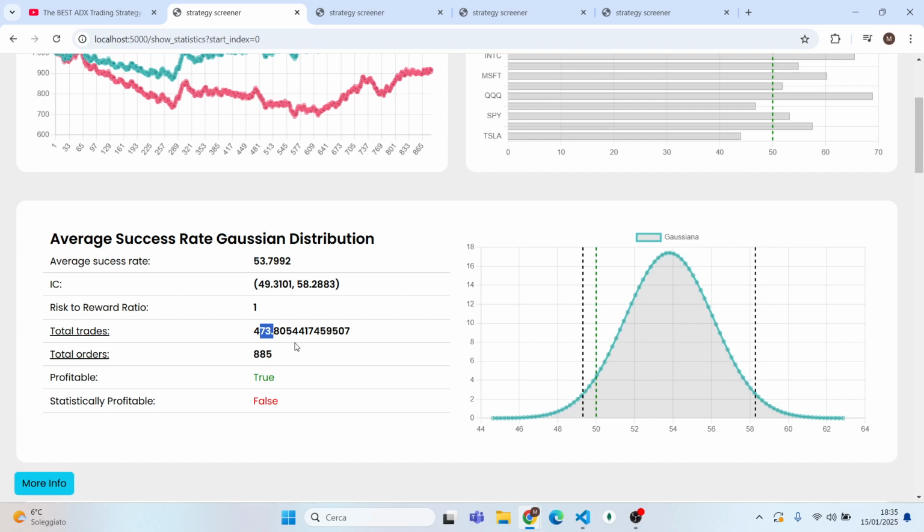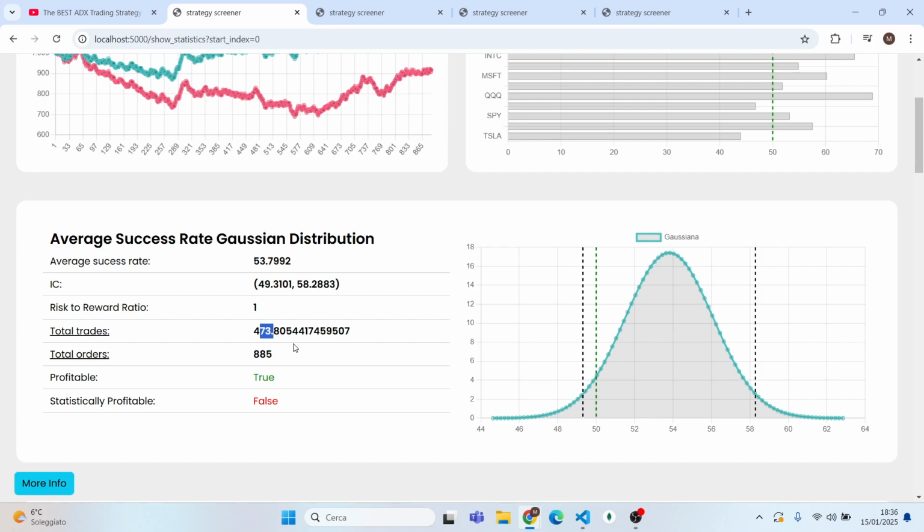What I'm saying now is based on my experience. Below 2000 trades, you can make a good statistical analysis, but surely the average success rate you will expect in the future can be quite different from the one you obtained in the past.